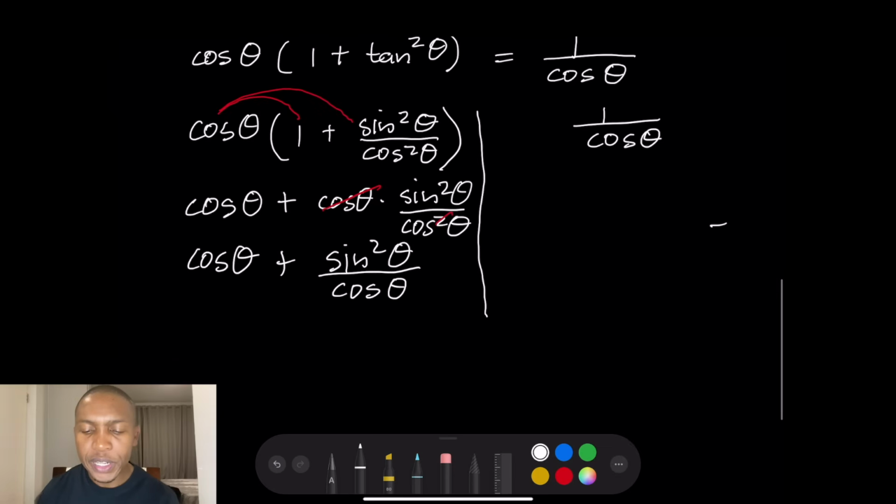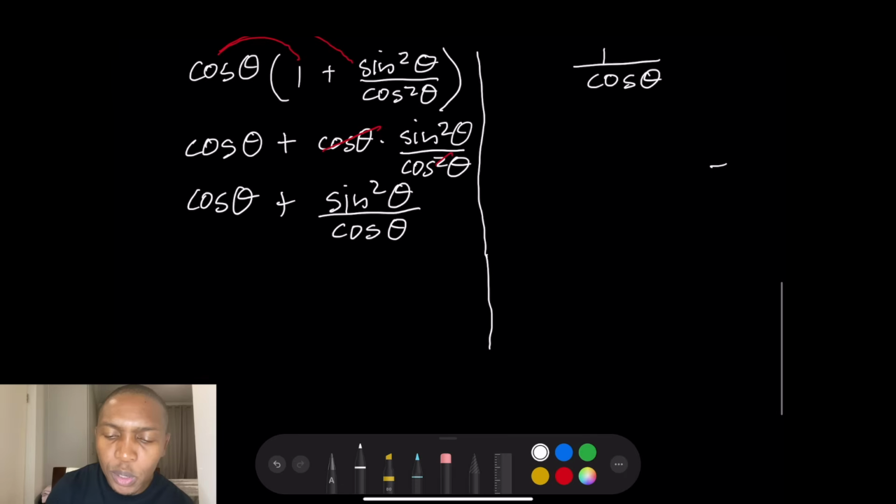Now we still have a fraction, right? So let's try and work out that fraction there and see if there's a way in which we can simplify it. Okay, so now of course, we need to find the lowest common denominator. So I'm going to make that cos of theta divided by 1. So what is our LCD? I'm still going to treat fractions with you, but at a later stage, so that you know how to work with that.